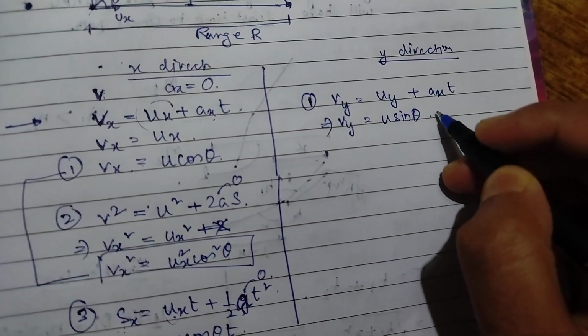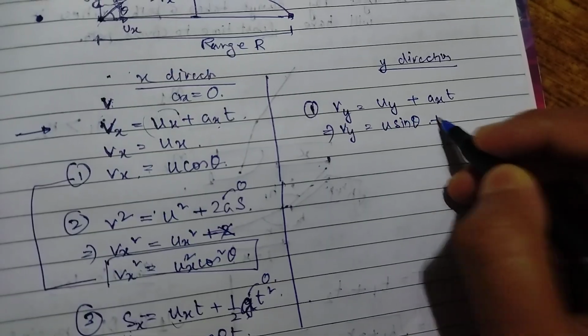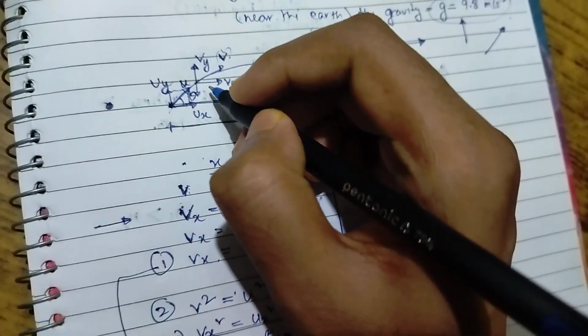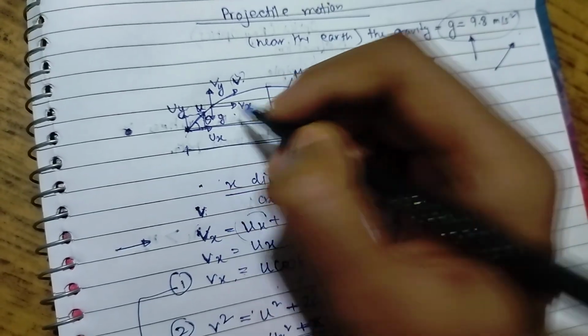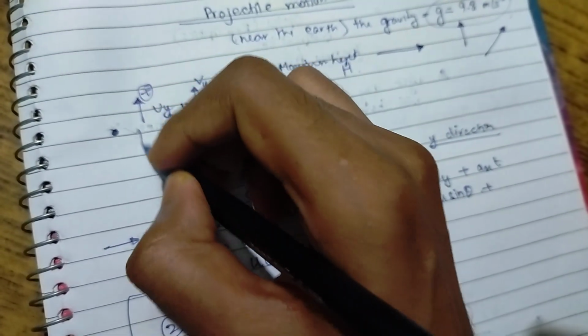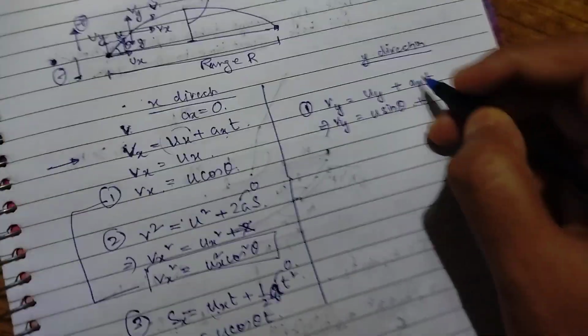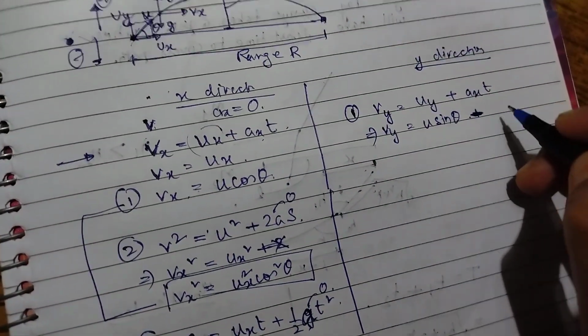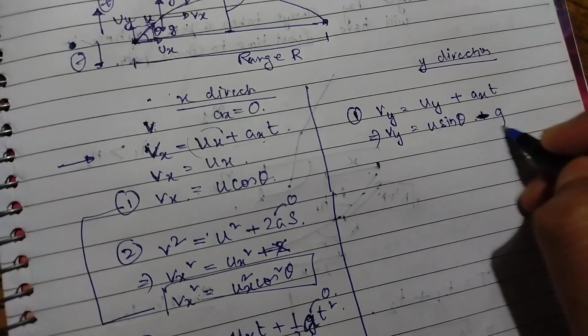Vy is equal to U sin theta plus, and the acceleration direction is downwards, and we are taking upwards as positive, downwards as negative, so we will write minus g t.